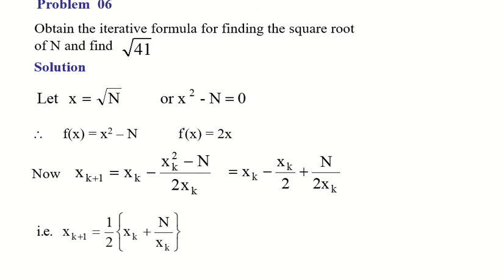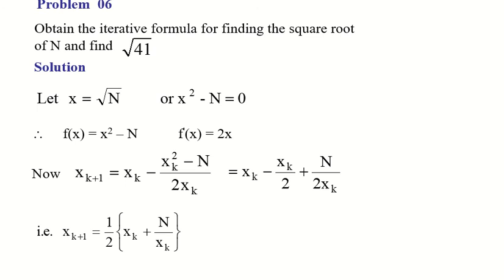So write down the formula for the Newton-Raphson method. xk plus 1 is equal to xk minus f of xk by f dash of xk. That is xk minus (xk square minus n) divided by f dash of xk, that is 2xk.